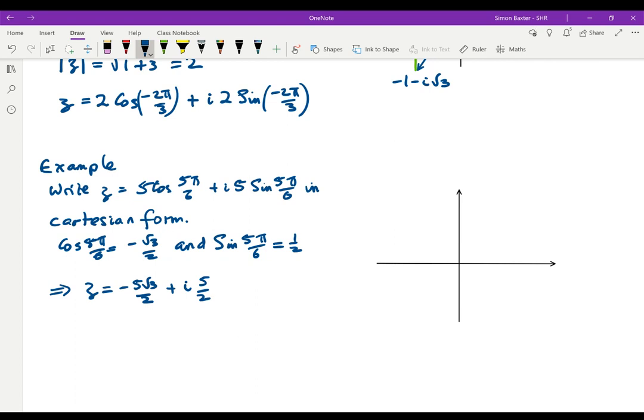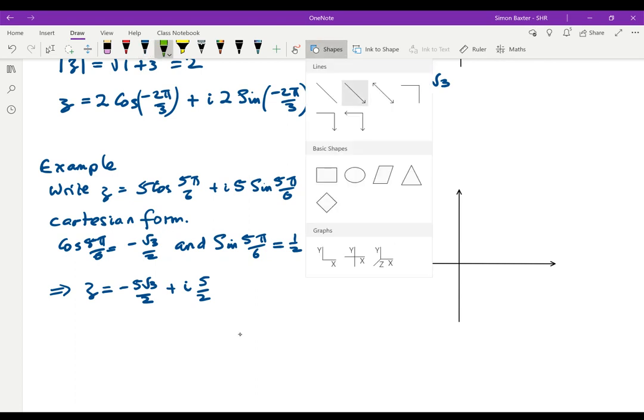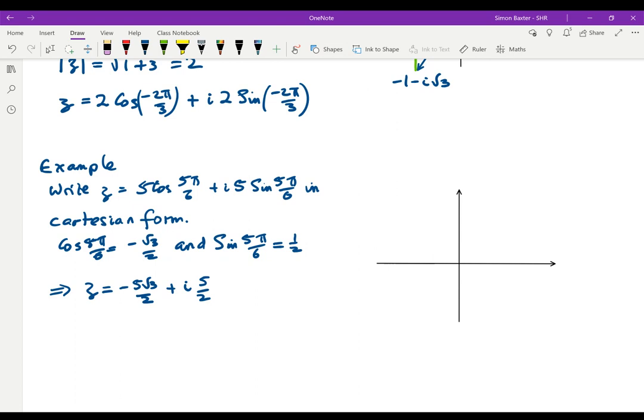Let's just make sure that looks sensible. Let's have a look and draw something which is approximately minus 5 root 3 upon 2, which is about minus 4.33, plus 2.5.